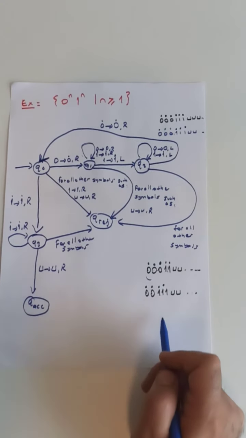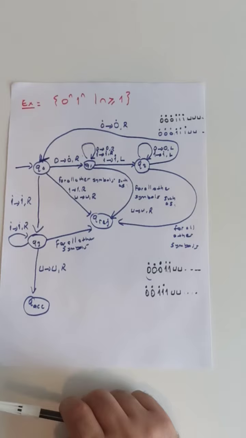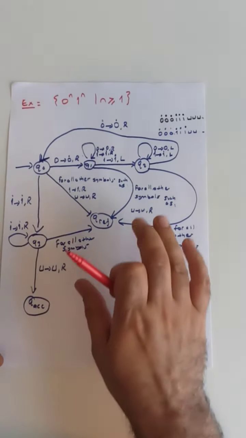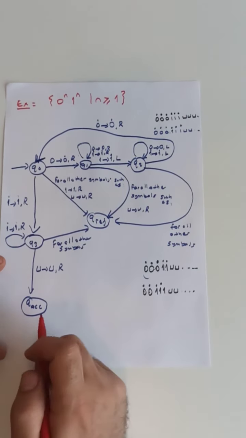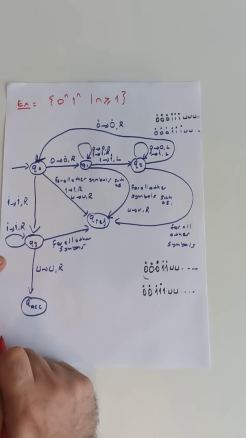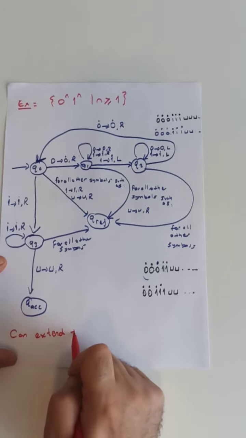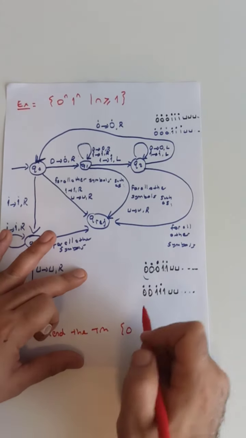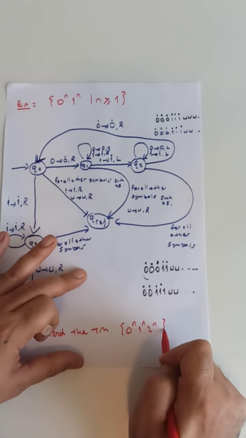You can, as an exercise, try to simulate how this Turing machine behaves on other sample strings as well. You should be able to recognize that we can extend this Turing machine to decide a more general language, 0 to the n, 1 to the n, 2 to the n.